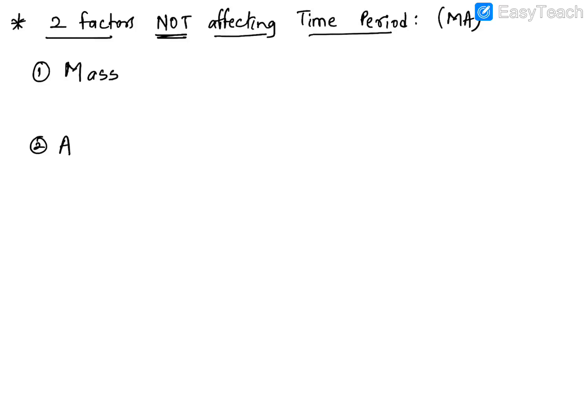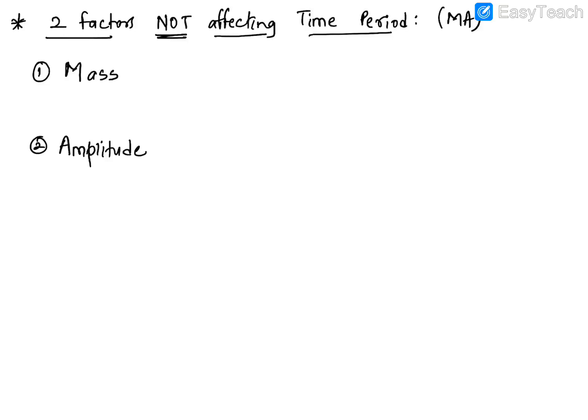And the amplitude, meaning how high the bob is going, does not really matter. But when they say how high, that doesn't mean you rotate it 360 degrees or 270 degrees; it should be a reasonable amplitude. Instead of 30 degrees, if it is going up to 60 degrees, it's okay, but not that you move it to, say, 180 or 200 degrees. So mass and amplitude as such do not affect it.